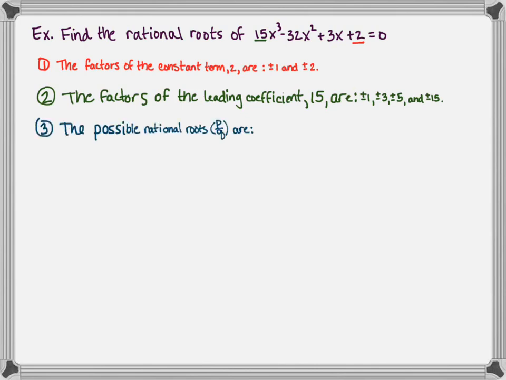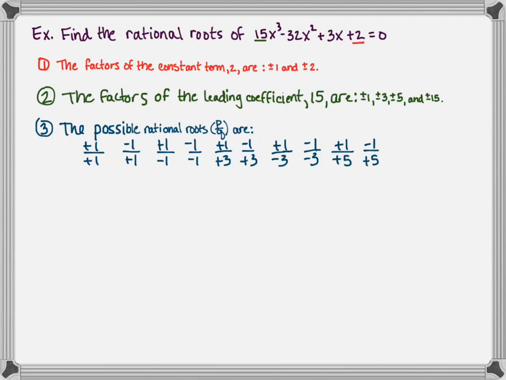So we could have positive 1 over positive 1, negative 1 over positive 1, positive 1 over negative 1, negative 1 over negative 1, positive 1 over positive 3, negative 1 over positive 3, positive 1 over negative 3, negative 1 over negative 3, and likewise for 5 and for 15.